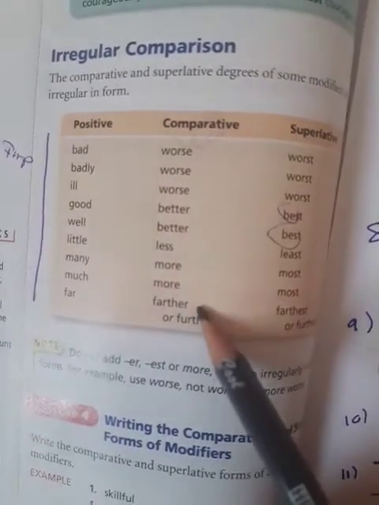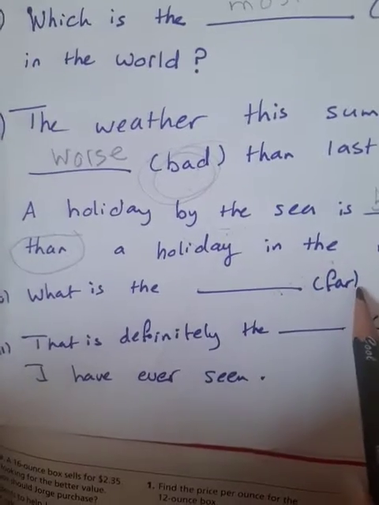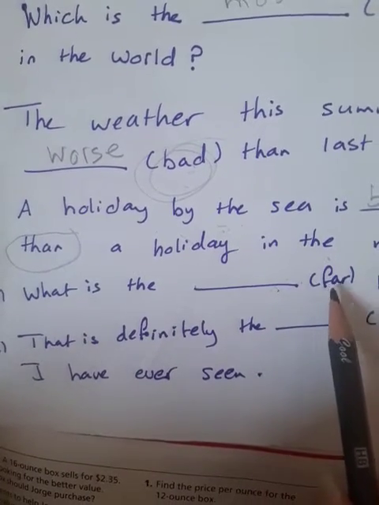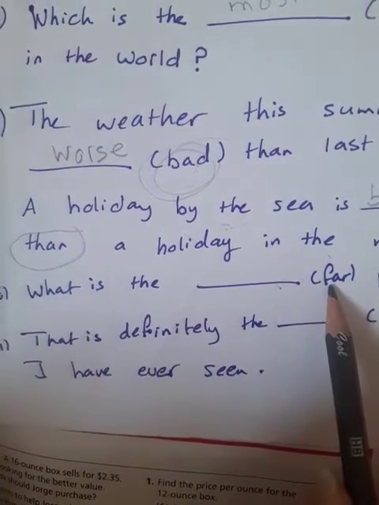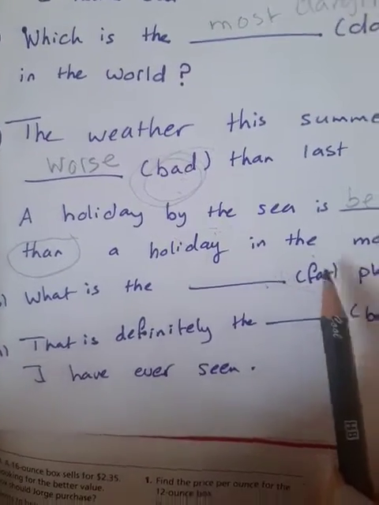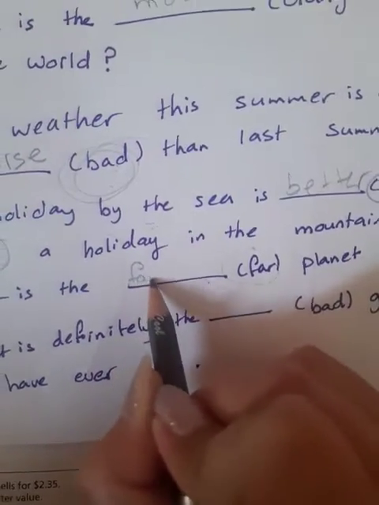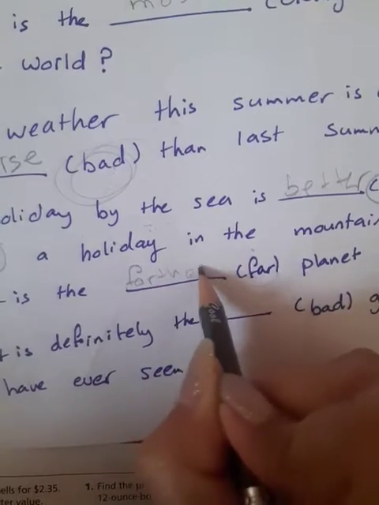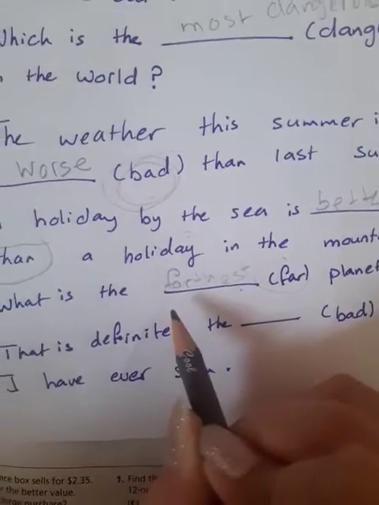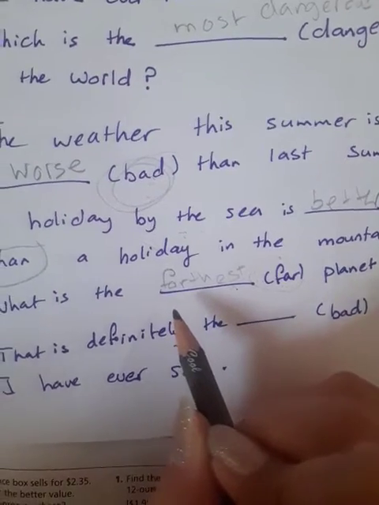Far in comparative will become farther or further, in superlative farthest or furthest. And you know that sentence number 10 is not written in comparative structure, it's written in superlative structure. So in this case, you have to change far into farthest. Because this sentence compares this planet to all planets.